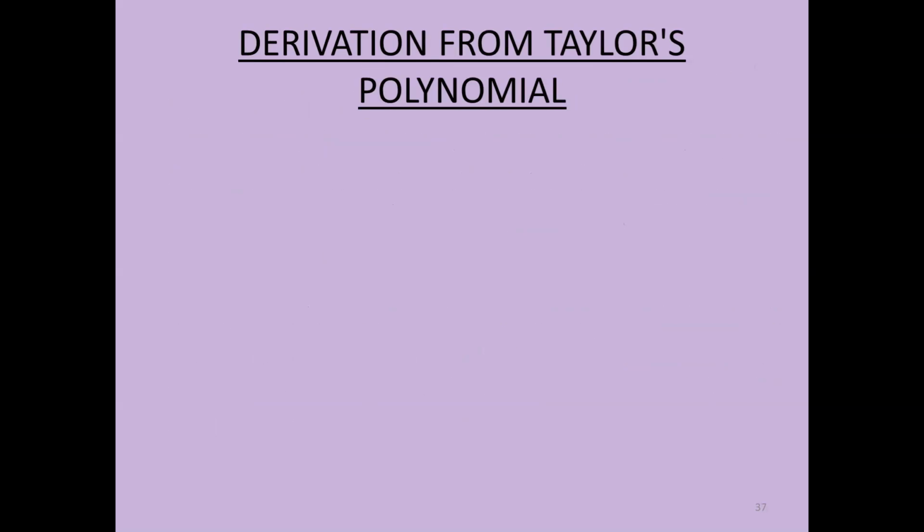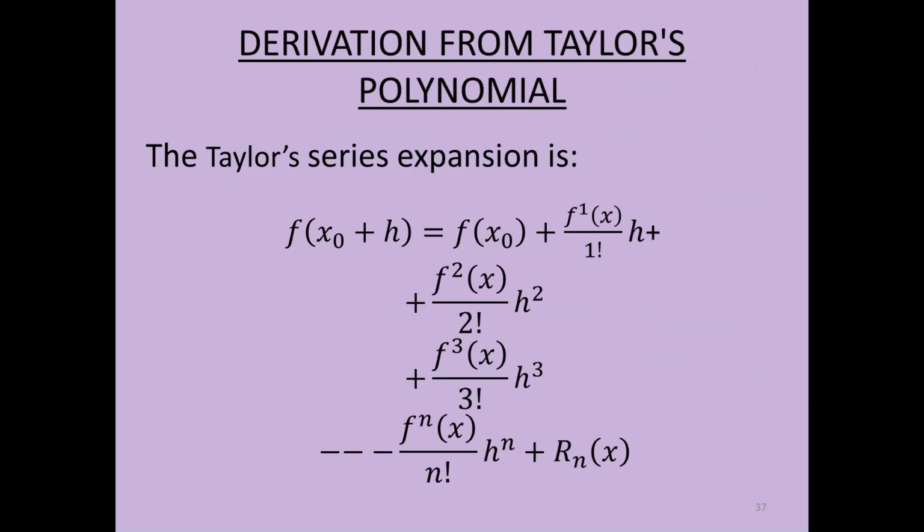The Taylor series polynomial is given by the following expression. The idea is that if we know the solution at a given point, that is represented by x0 over here, we can use the Taylor series expansion to find the value of the function at a point x0 plus h using the equation on display.